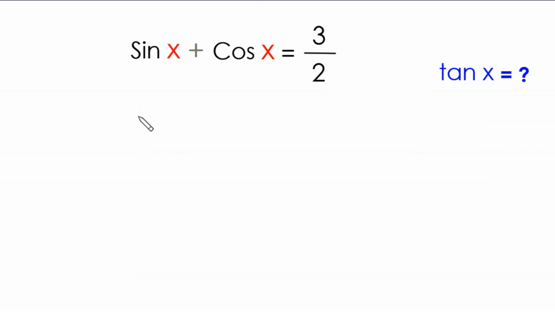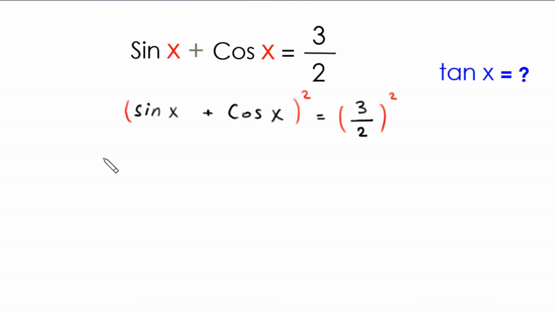The equation is sin of x plus cos of x equal to 3 over 2, and we take the square of both sides.